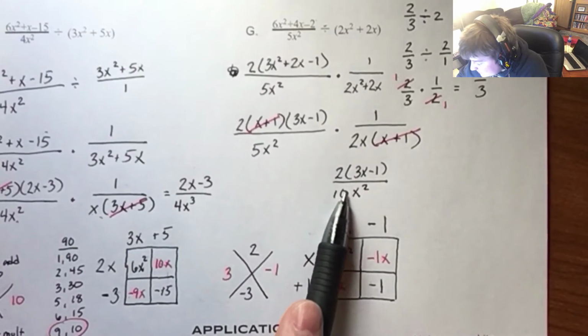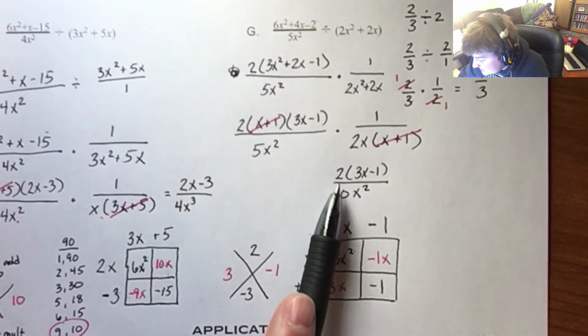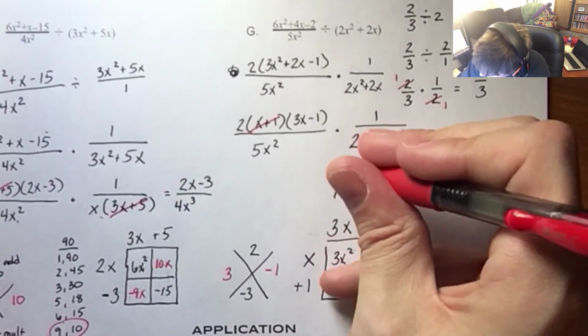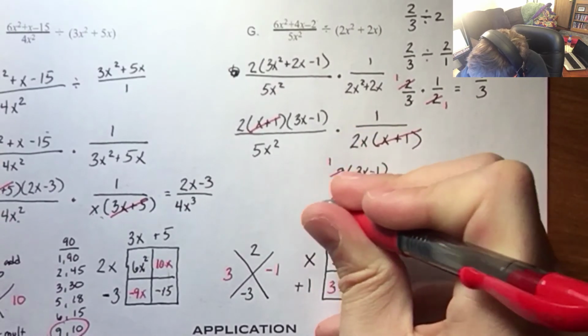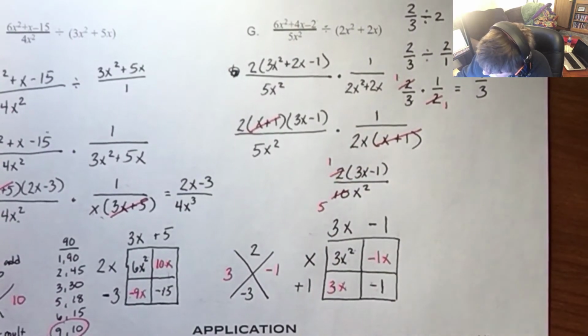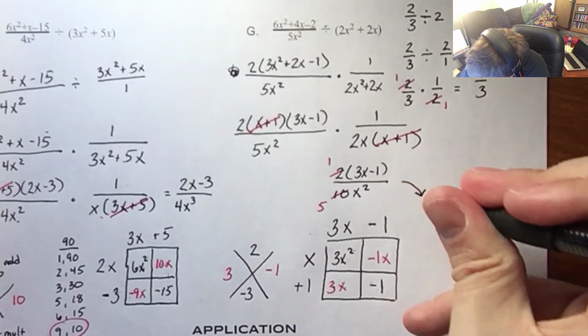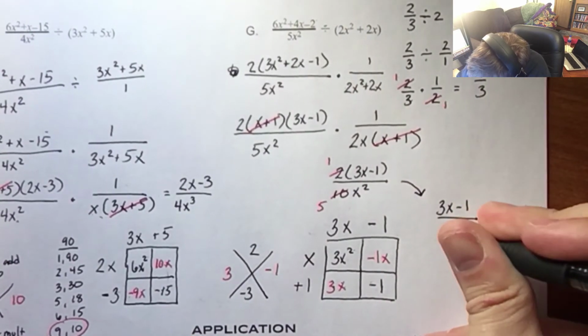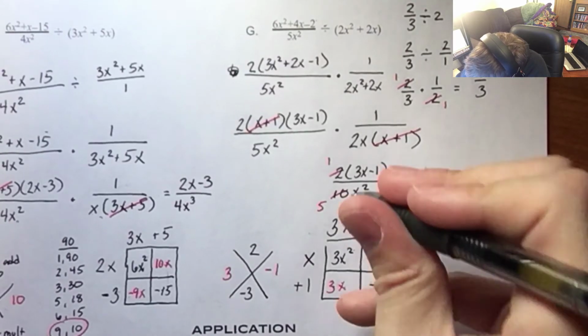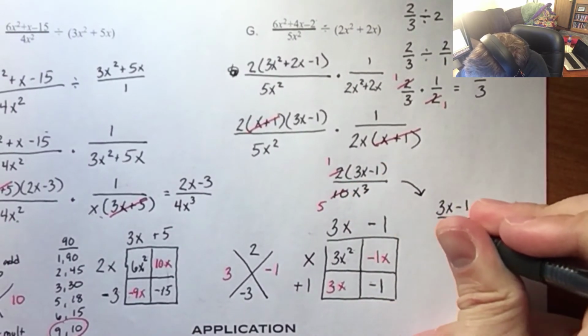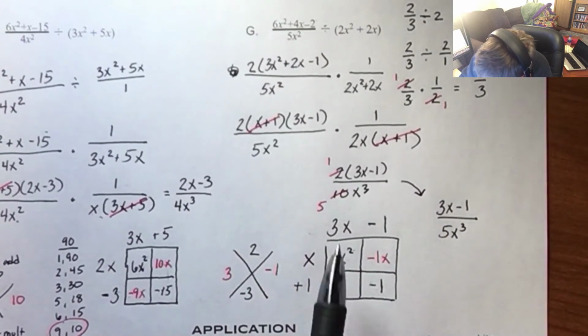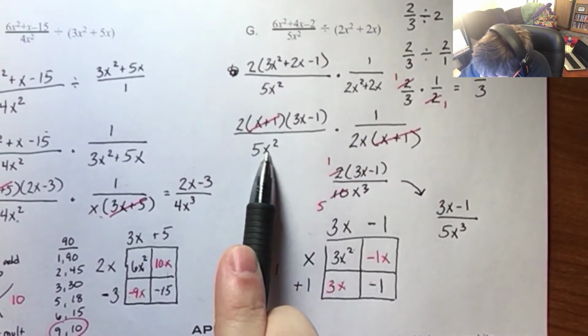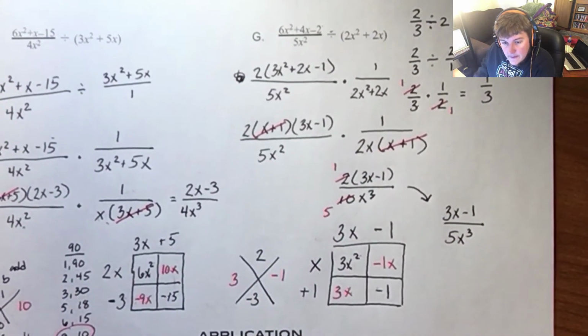Okay, and actually I do have an additional factor here because 2 and 10 each divide by 2. So this is 1. This is 5. To get 3x minus 1 over 5x cubed. Okay, and this needed to be x cubed because x times x squared is x cubed.